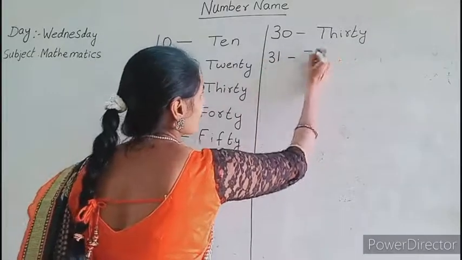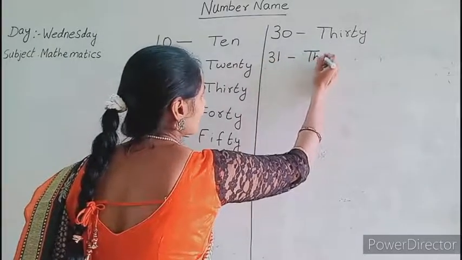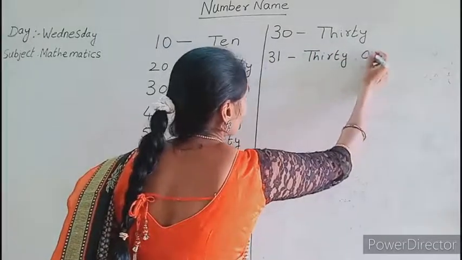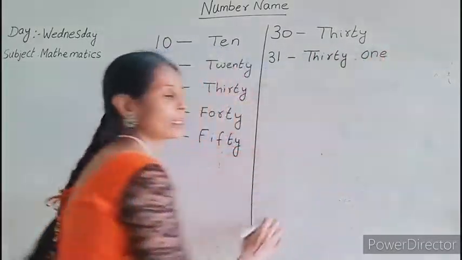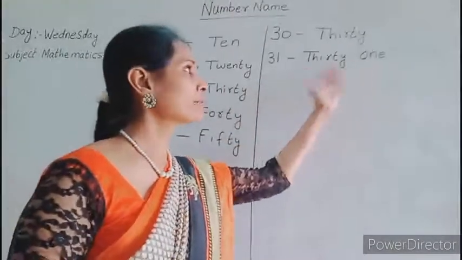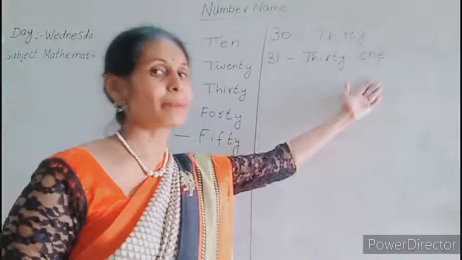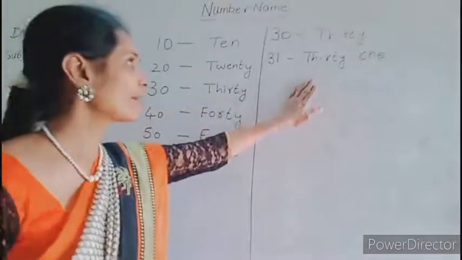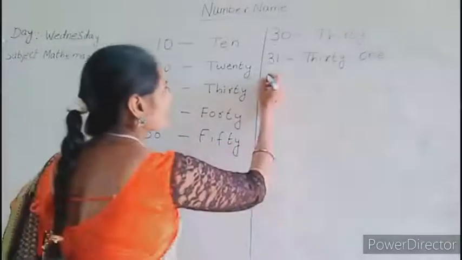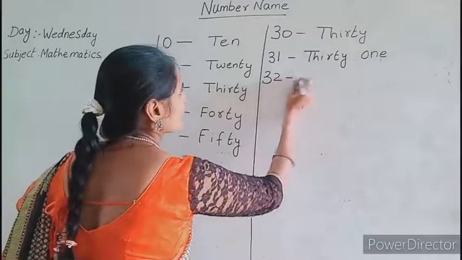You have to write the spelling as it is. T-H-I-R-T-Y, 30, then O-N-E, 1. You have to add 1's spelling along with the 30 spelling. Yes, so now it will be 31. Yes, dear kids. Now 32.